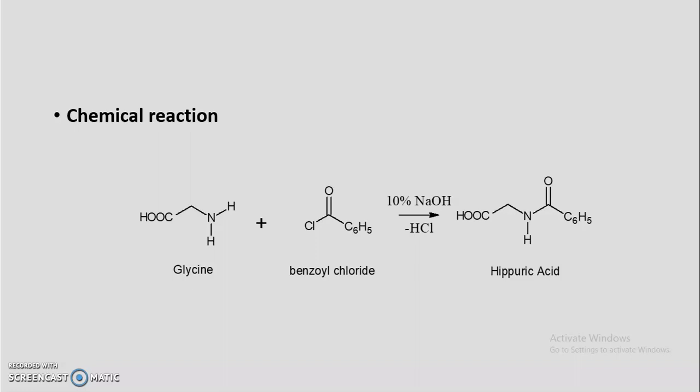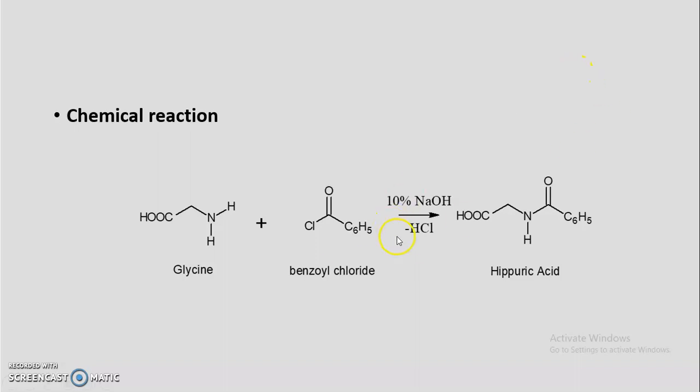Carboxylic acids are not very good leaving groups, so the acid must first be activated into a more reactive group, the acid chloride, which becomes an excellent leaving group. Then the glycine can be mixed with it and acts as a nucleophile instead of a base. In this way this reaction can be performed.